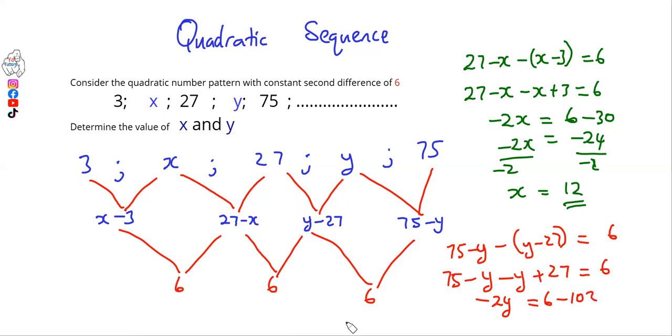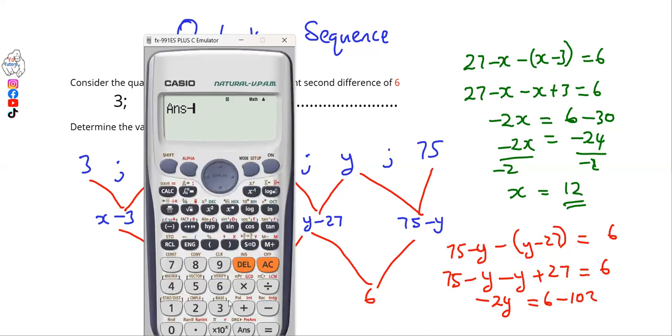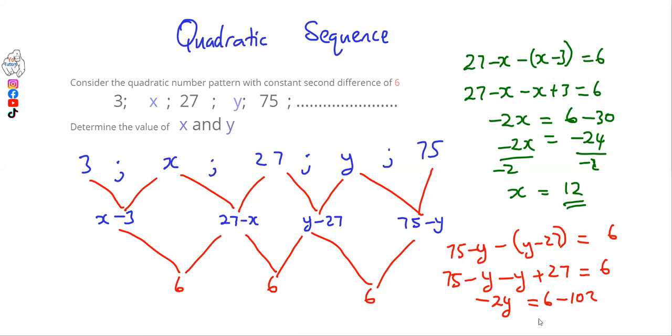Then 6 minus 102, what do we get? We get negative 96. Here negative 2y. We divide by negative 2, we divide by negative 2. We cancel there.